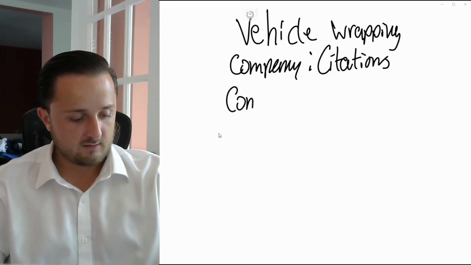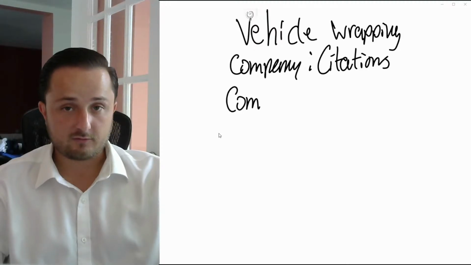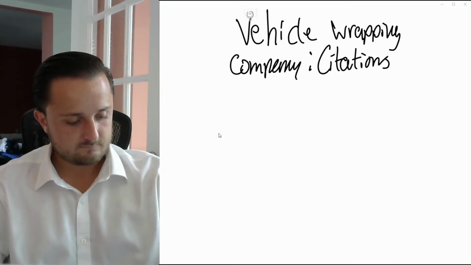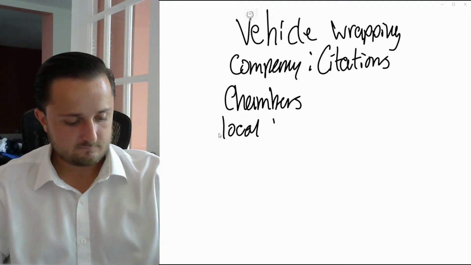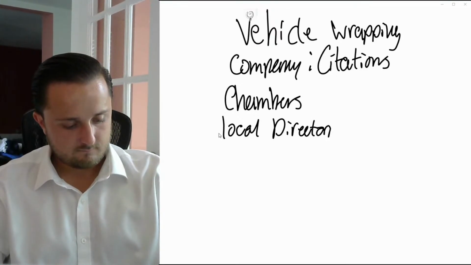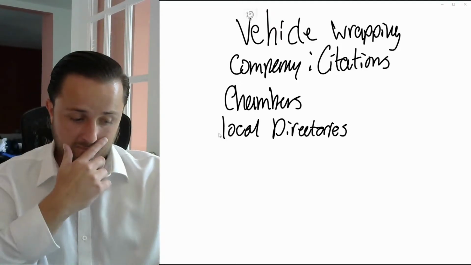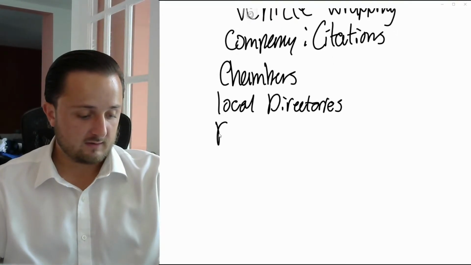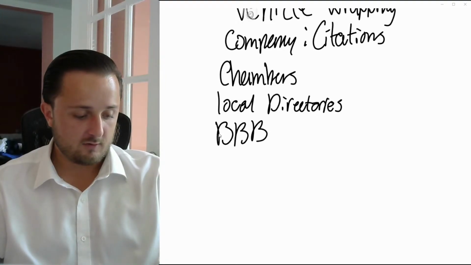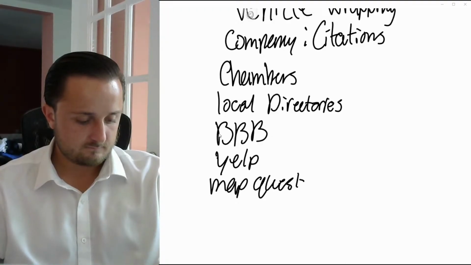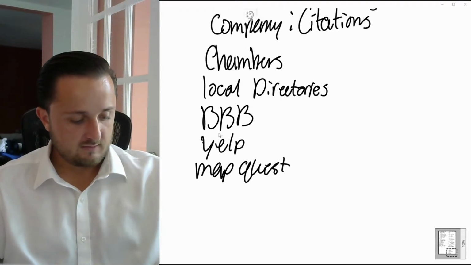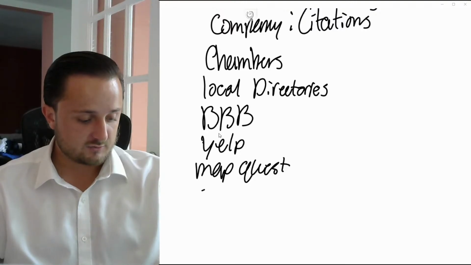Those are going to be on your chamber of commerce websites. Those are going to be on local directories. This is also where you're going to want to get that free listing on Better Business Bureau. You also want to get on Yelp. Then you're going to look at MapQuest. Then maybe you can start looking at international directories.